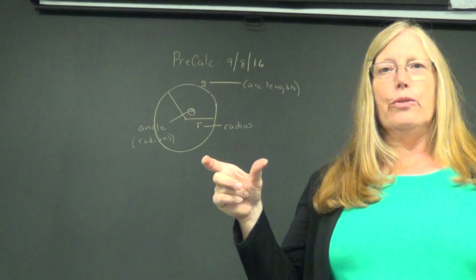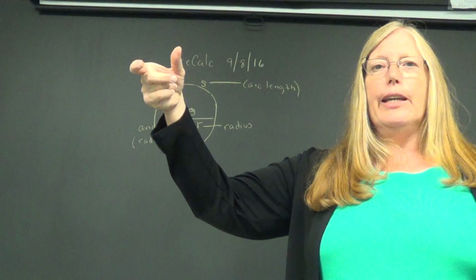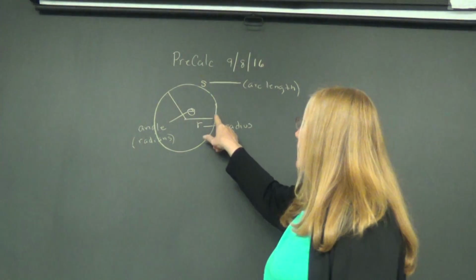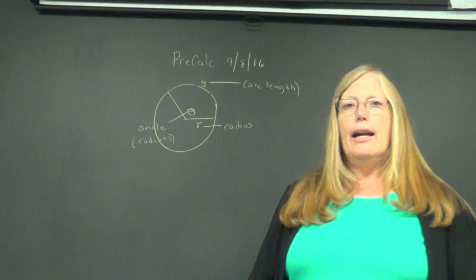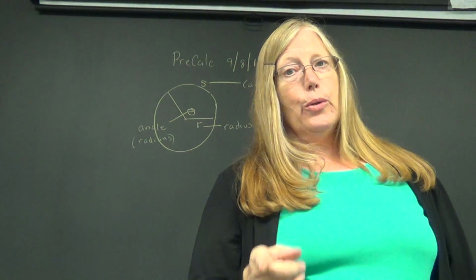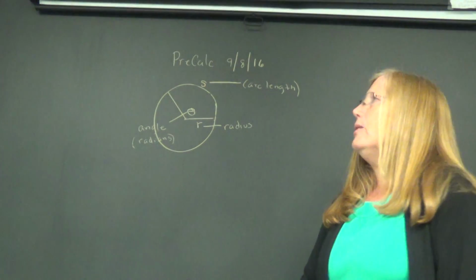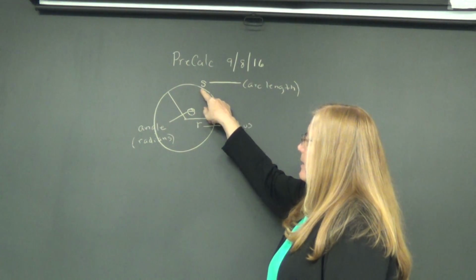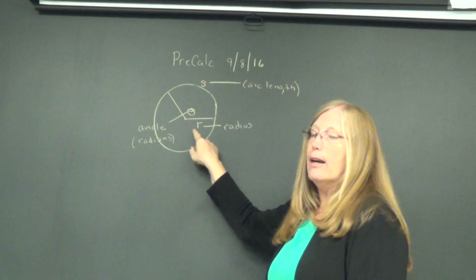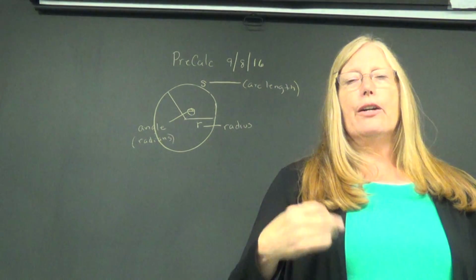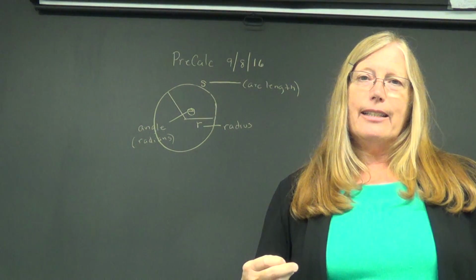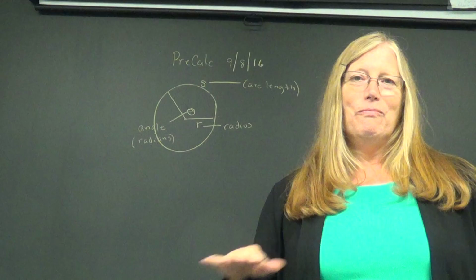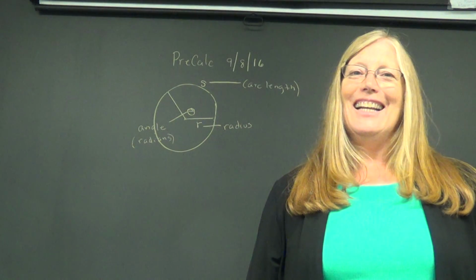How many of those radii will fit around the arc from here to here? I was wondering, and I'm sure you were as well, can you tell me what would be the relationship between S, theta, and R? Would it be something like R times S equals theta? No, that's not it.